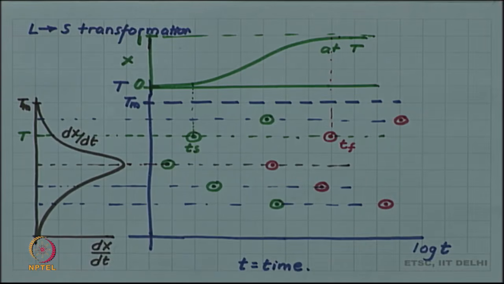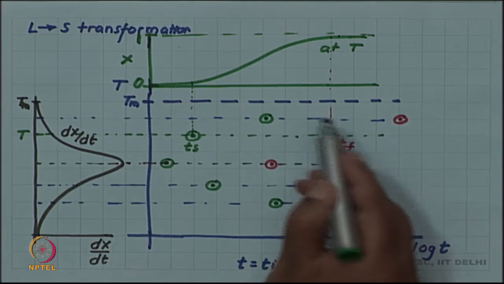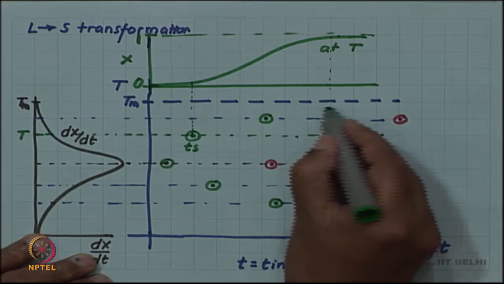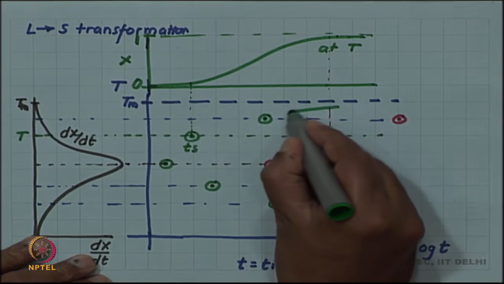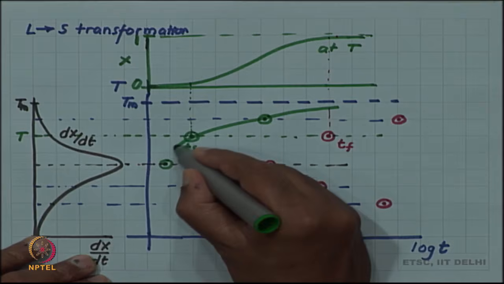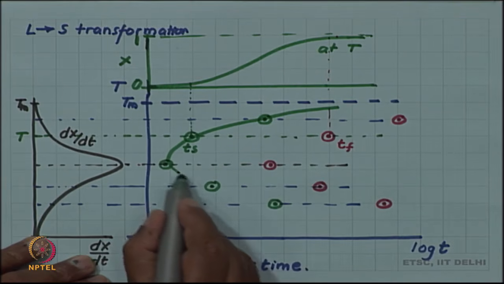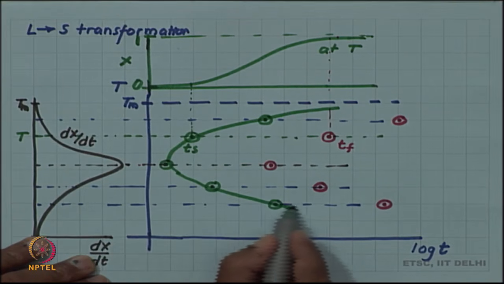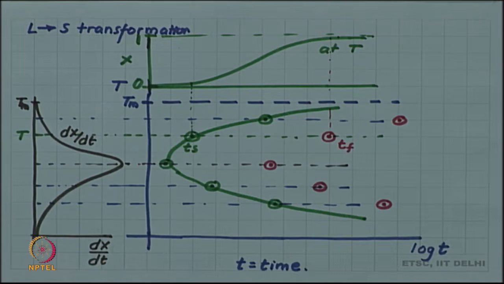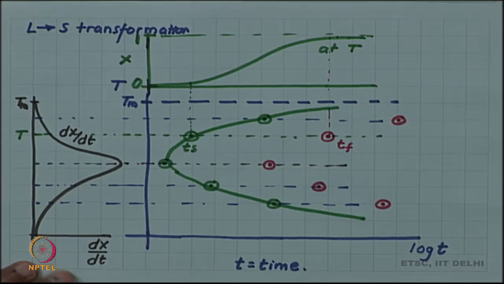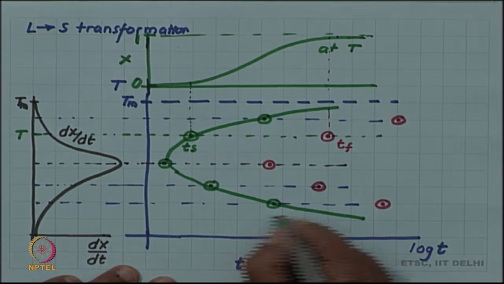So, if we now in this diagram connect all the start times, these green points, by a single curve, we get what is called a C curve. You can see the shape of the curve is a C curve, and this is the start curve.